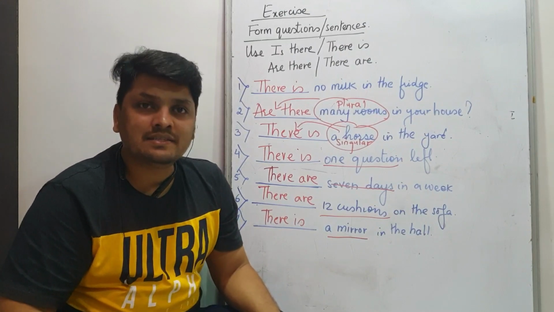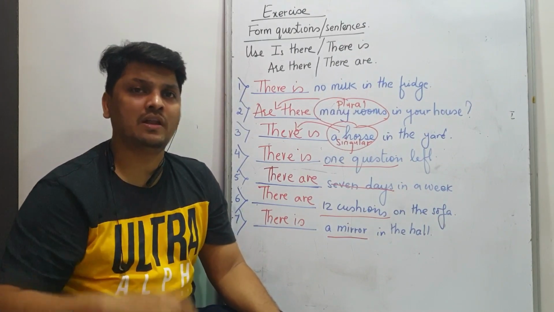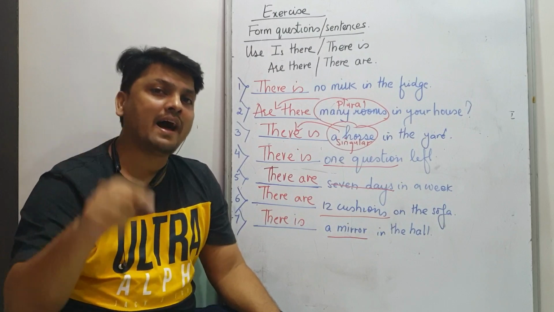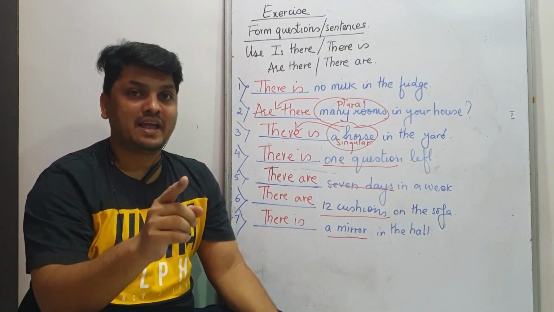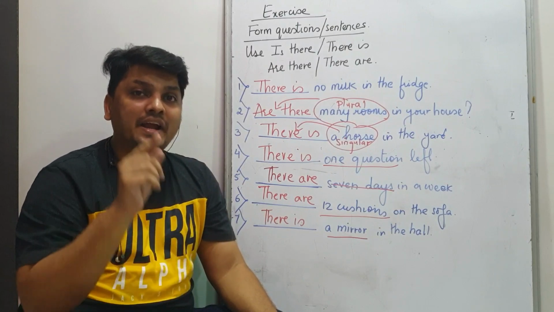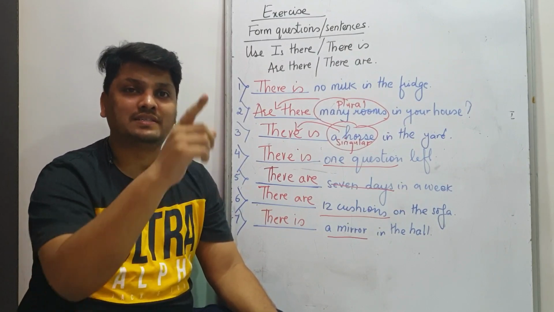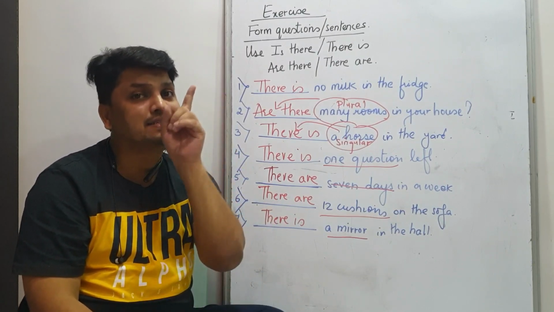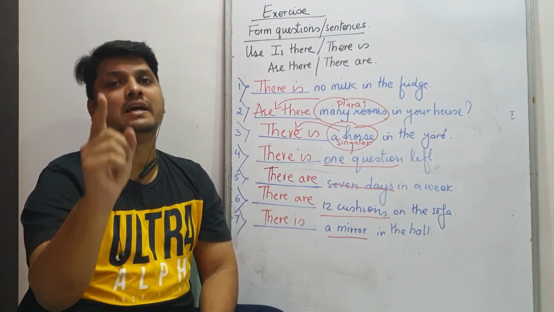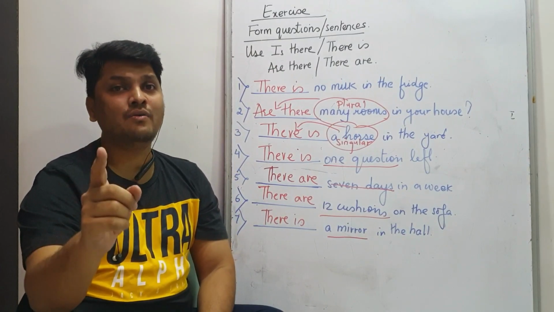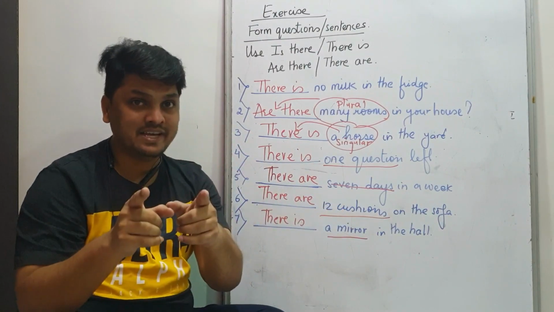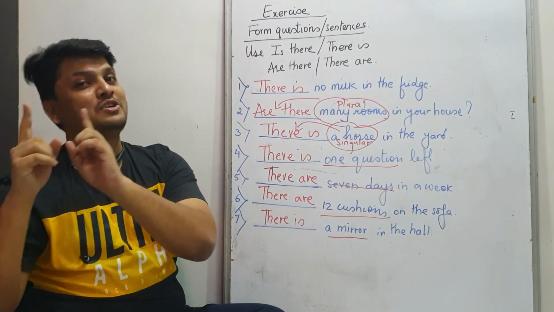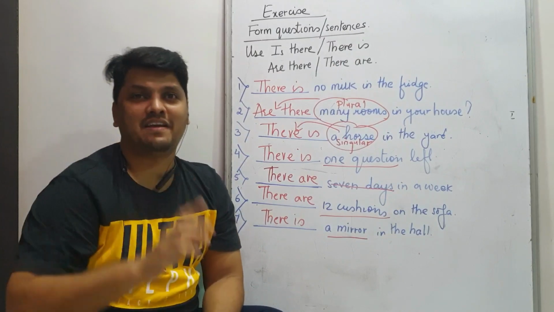Use there is when the noun is singular. Use there are when the noun is plural. See that there is, there are comes at the beginning of the sentence and it is determined by the noun. The noun should be singular for there is, and plural for there are.